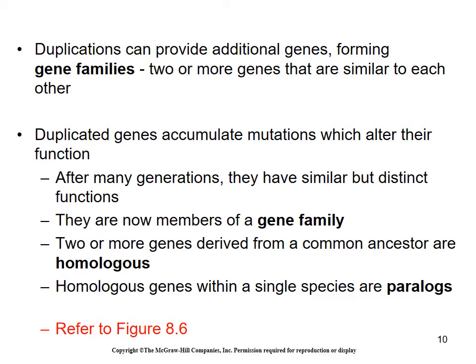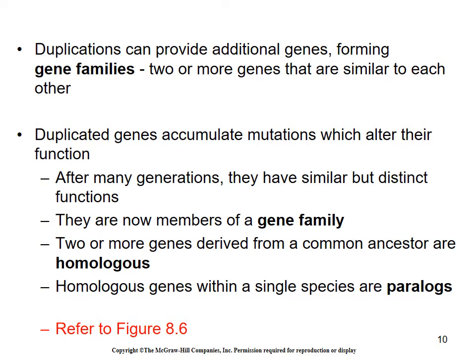If we see that these genes, if it's two or more of them, are derived from a common ancestor, we like to call them homologous, obviously. And if they're found in a single species, we also like to call them paralogs. So homologous just means that they have the same ancestry, and paralogs means that they're coming from a single species when we're looking at their originality or their start.